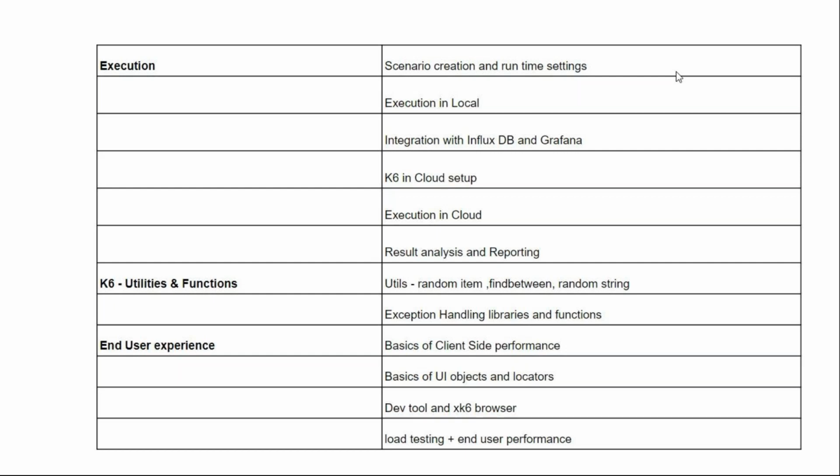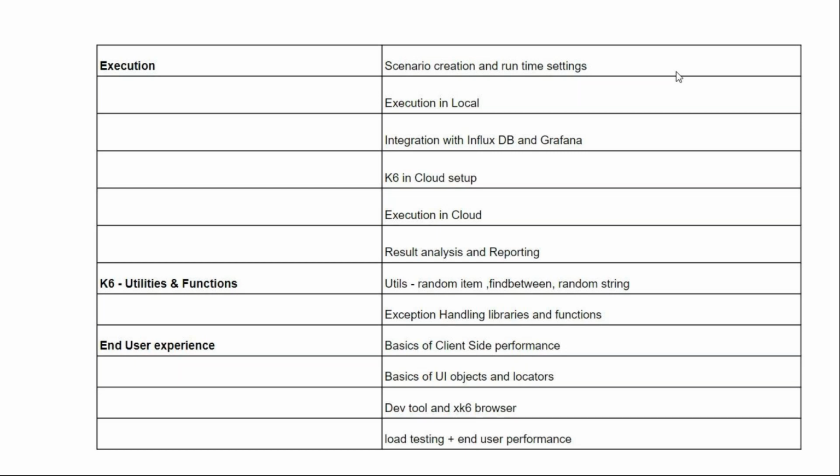And one more aspect of performance is the end user experience, which you all would have known about, right? Your client side performance. So we'll also look into a couple of important metrics from a client side performance, how to measure it in the developer tool, and the concept of client side performance. And then in K6, you can build your own K6 actually. K6 is open source, right?